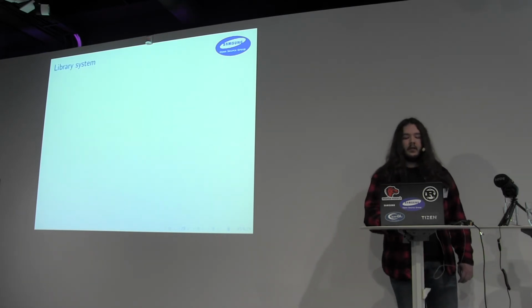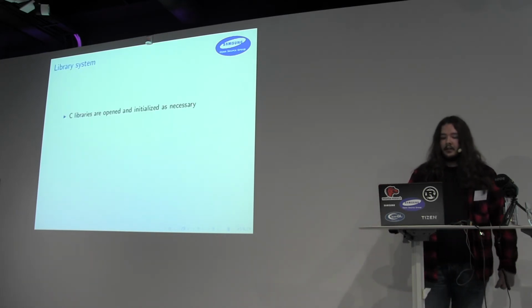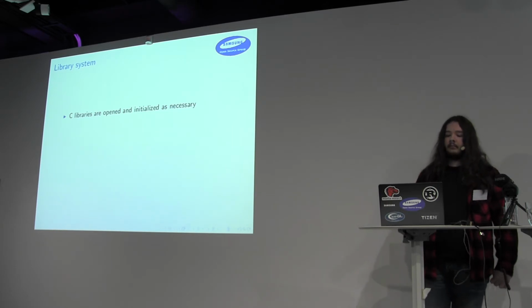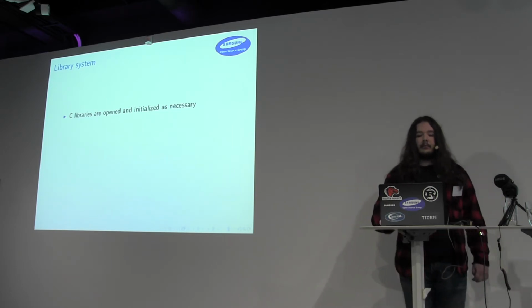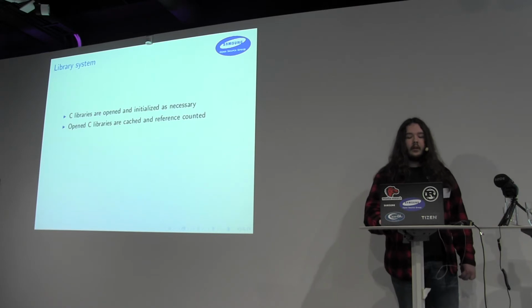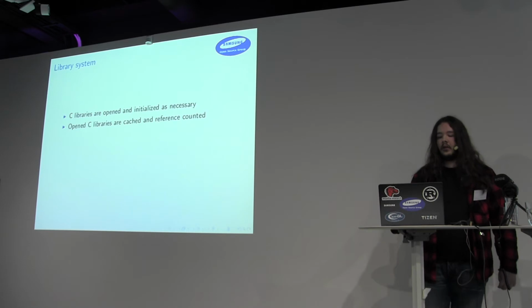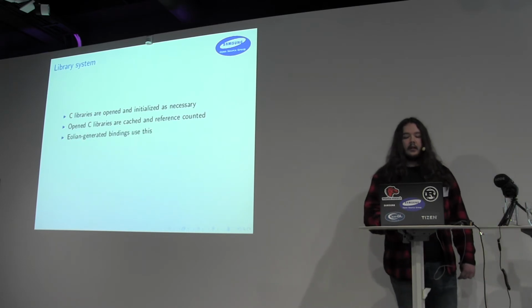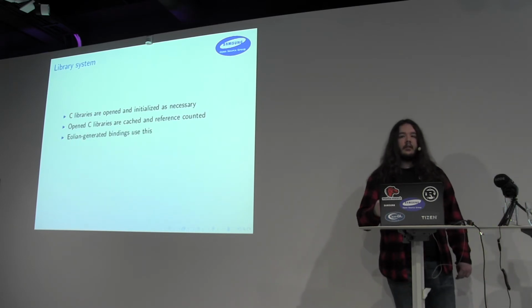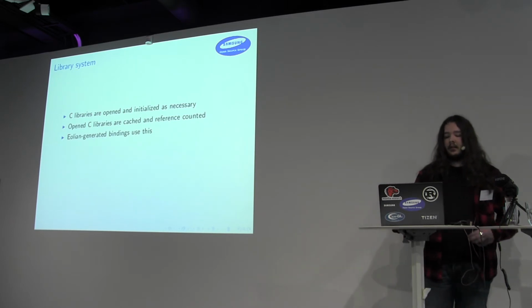They take care of opening those libs. Library system: the C libraries are opened and initialized as necessary. They're cached because we need to have control over how things are loaded. And EOLIAN generated bindings actually generate those callbacks correctly, so things are handled right.